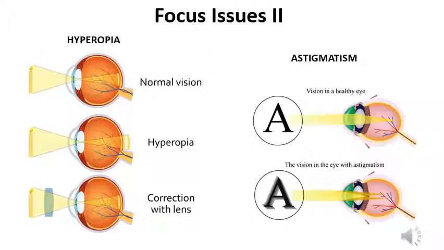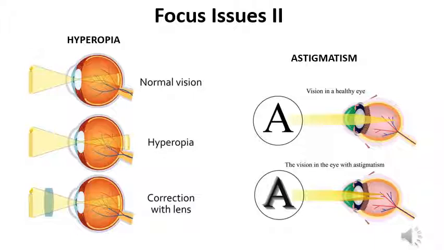So this is nice. We have some illustrations for hyperopia on the left, and there I see the normal vision illustration. There I see the hyperopia showing me that the focal point of the image is behind the retina. I see correction with a convex lens, concentrating the light rays so that I move the focal point closer, and therefore I am projecting the in-focus image right on the retina where it needs to be.